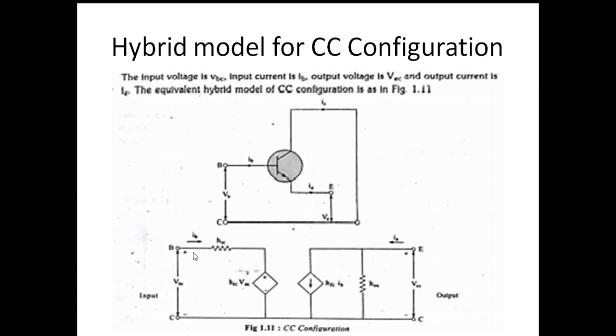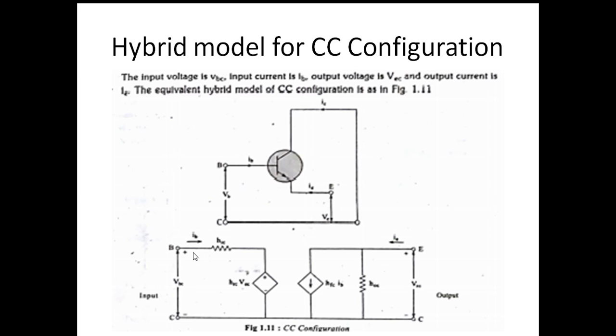After specification, from the input voltage equation, here the input voltage is VBC. So VBC is equal to the sum of two voltages. The first voltage is HIC IB, where HIC is the resistance and IB is the input current.